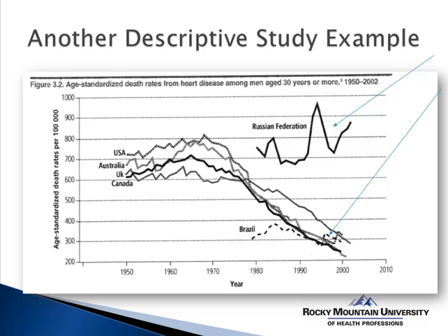Here's another descriptive study example. This is comparing age-standardized death rates from heart disease among men 30 years or more between 1950 and 2002.